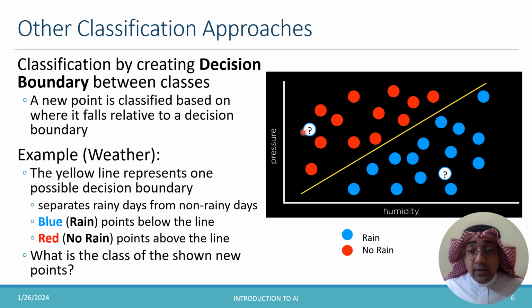If new data comes over here, since it is above the line, it's classified as no rain, and if it's below the line, it is raining. So we need to find this line so that we can separate the two classes, 0 and 1, seamlessly, just by giving the computer the labeled data, and it comes out with this line by itself.